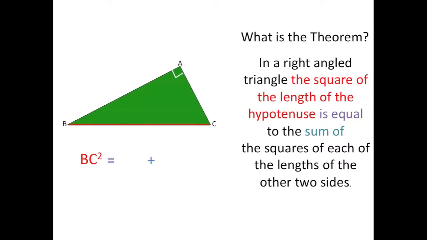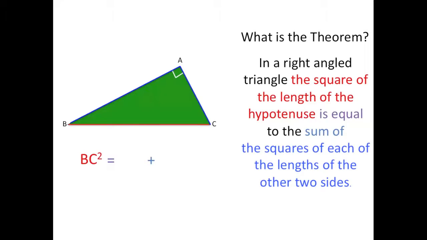Now the last part of the theorem states that the square of each of the lengths of the other two sides. Okay, so let's read this carefully. The lengths of the other two sides are represented by AB and AC. And again, we're squaring each of these sides.